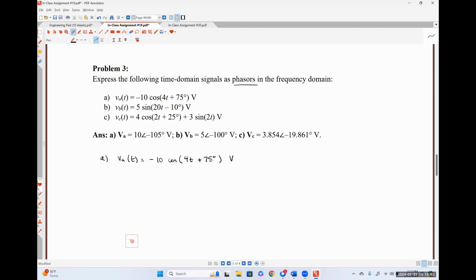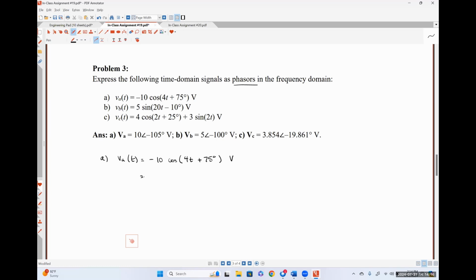Converting from a time domain signal into a phasor signal has the exact same rules as manipulating sinusoids like we went over on Monday, meaning that we need to express everything in terms of cosine functions, and we need to make sure that everything has a positive magnitude.